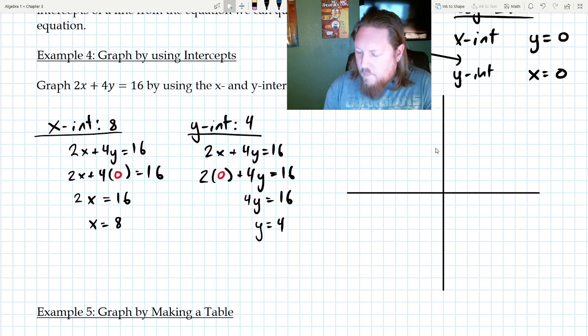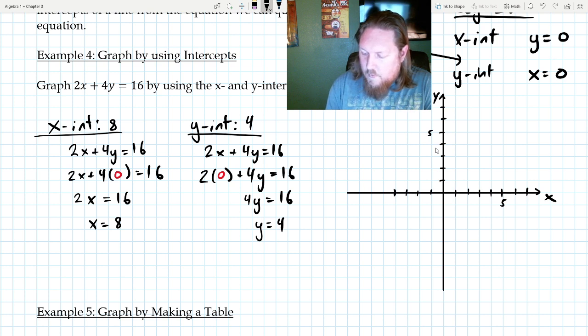Now, when you're starting out, it's really good habit to label all the points, 1, 2, 3, 4, 5, on each one of the axes. And it's a good habit to label the axes as well.